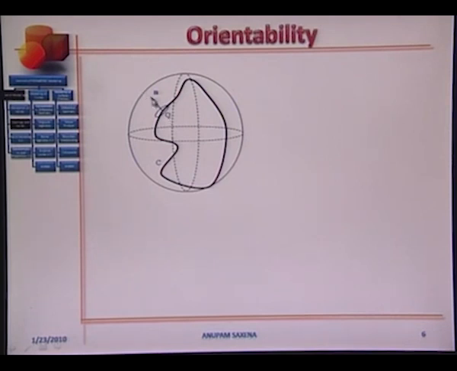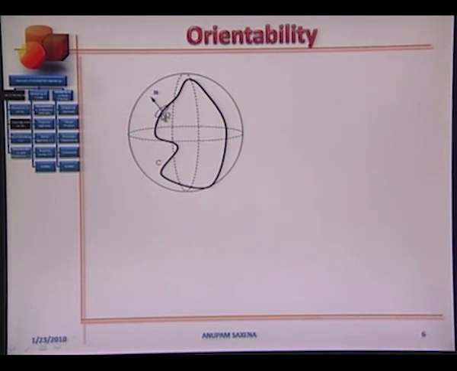This would represent the normal component at point Q. If you take a closed path and traverse along that path from point Q, and come back, you would find that you're still standing with your head pointing upwards.